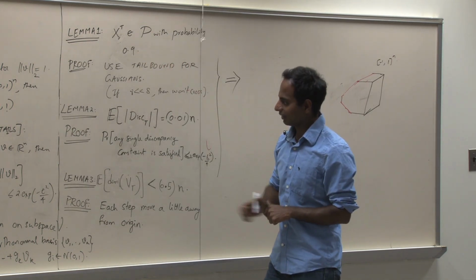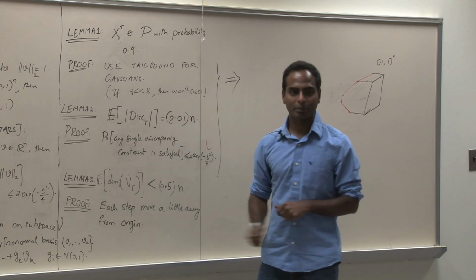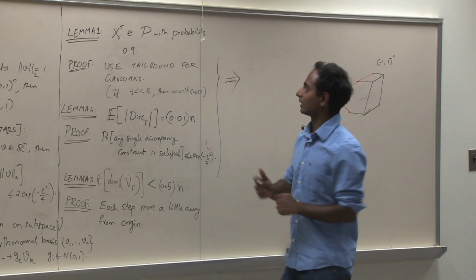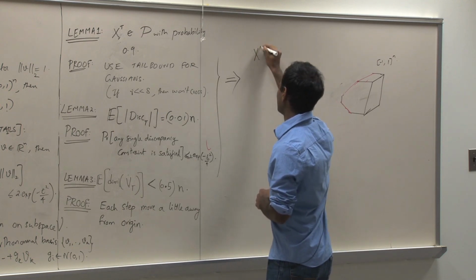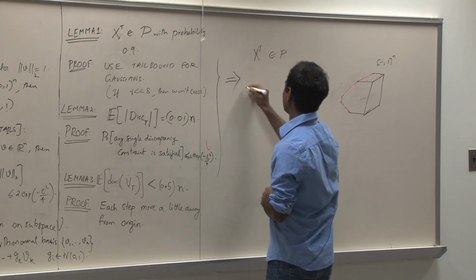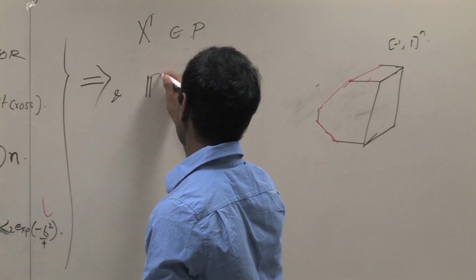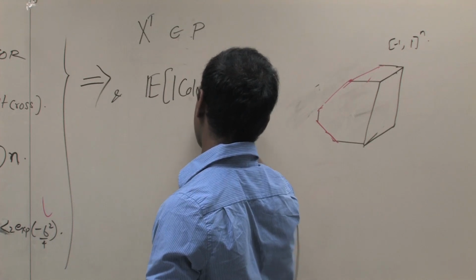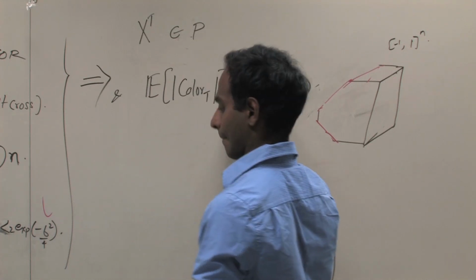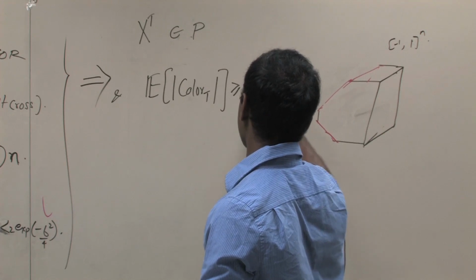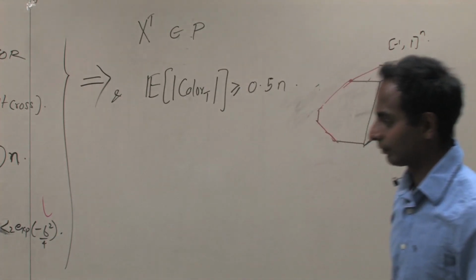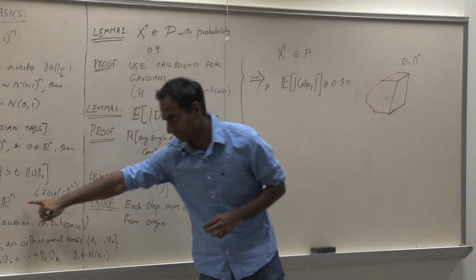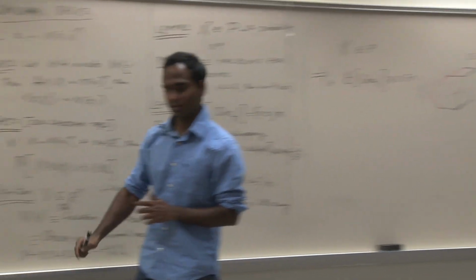Okay, and if I combine these two, what should happen for the number of color constraints? Right. So I'm claiming that x_t belongs to P, and I was initially walking in a space of dimension n with some number of constraints.